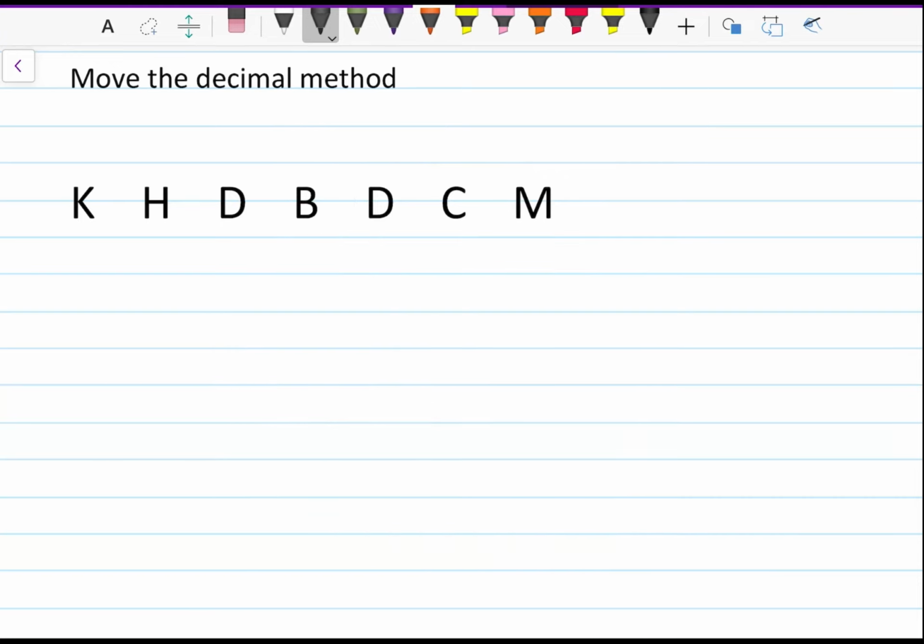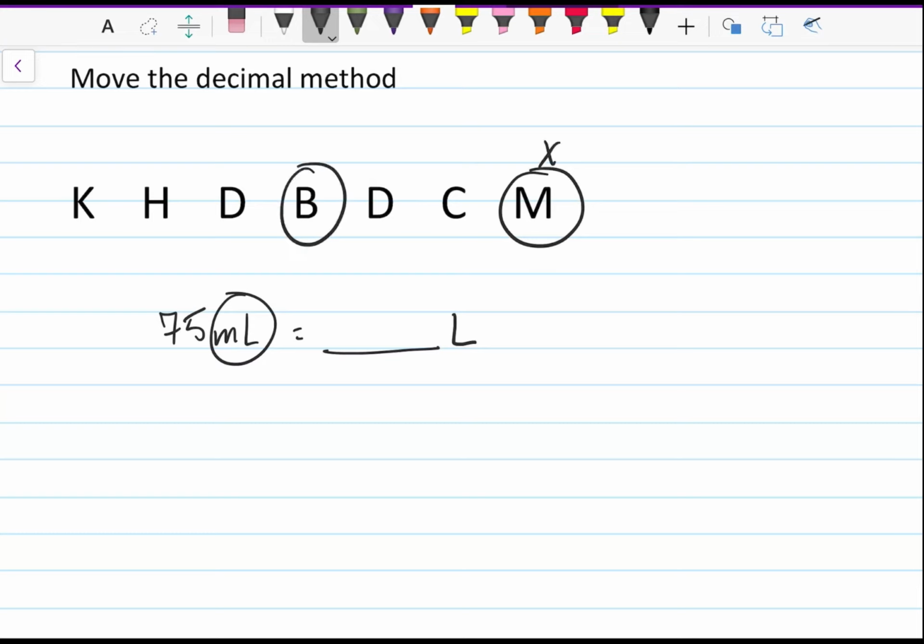We've only done converting so far with grams. Let's try one with something else. We're going to try it with liters. So if you have 75 milliliters, how many liters is that? The methodology is going to be the same. We're still going to start with what the unit is. So we've got milliliters starting here, and we're ending with liters here.